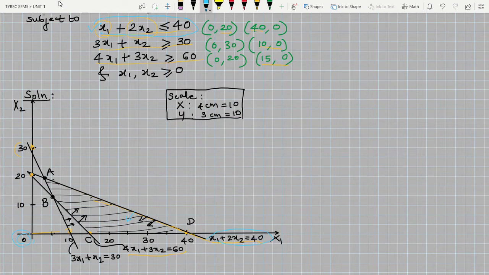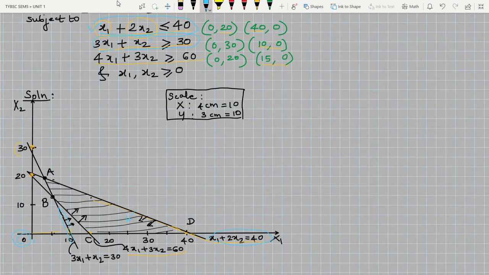The line is over here. To decide the region, again I am substituting the origin 0, 0 in the inequality. So you get 0 greater than or equal to 30, but which is wrong, incorrect.